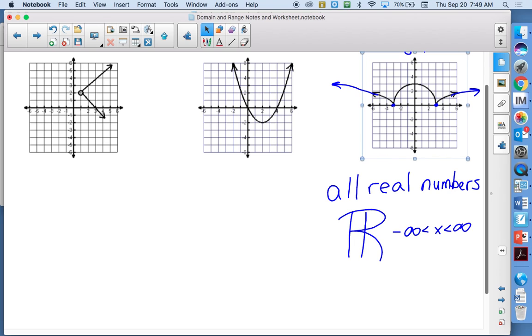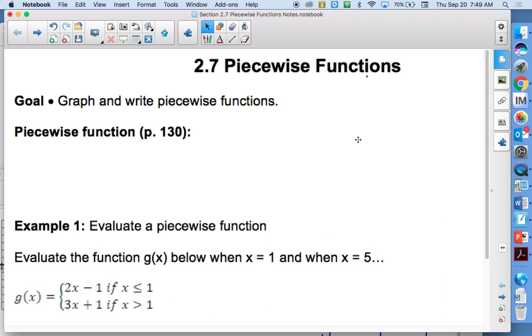So we are going to look at piecewise functions. What word do you see in piecewise functions? Jillian, what word do you see there? Piece.